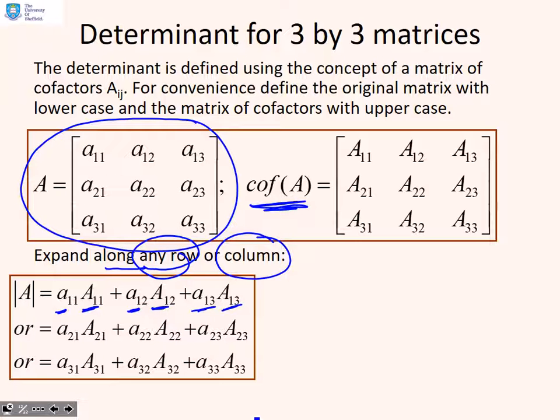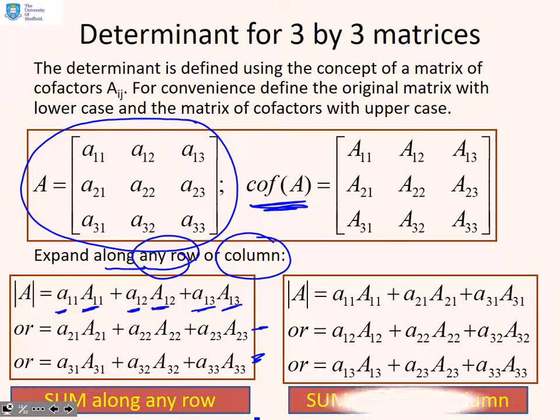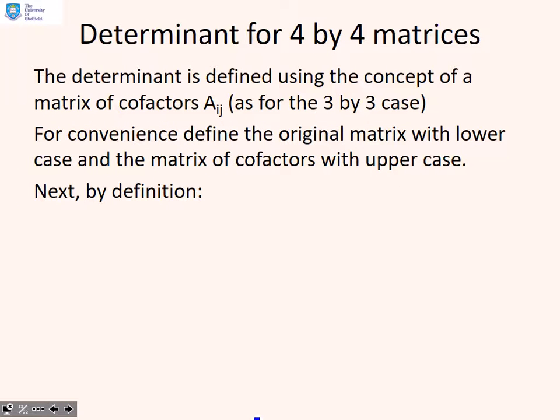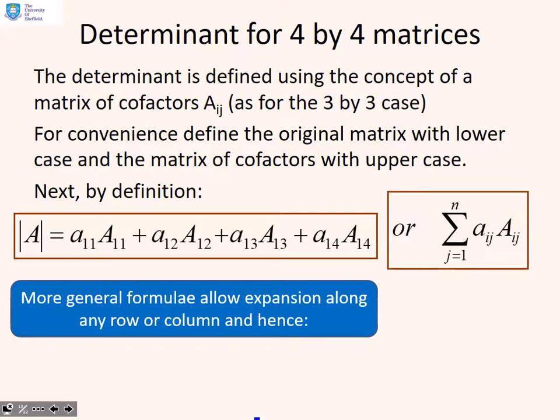If we do that sum, we get the determinant, and you can see here I'm doing the expansion along the rows. I could equally do the expansion along any column. All of those calculations will give me the determinant, and that was covered in the matrices and vectors videos. If you had a 4 by 4 matrix, you're going to get an analogous expression, except now we have 4 terms. And indeed, if you have an n by n matrix, you might just use this summation to make it clear.